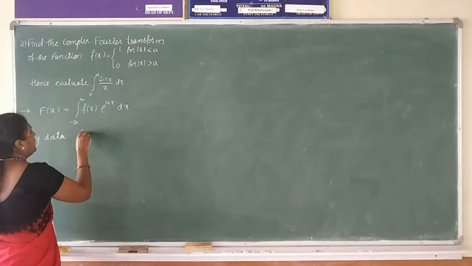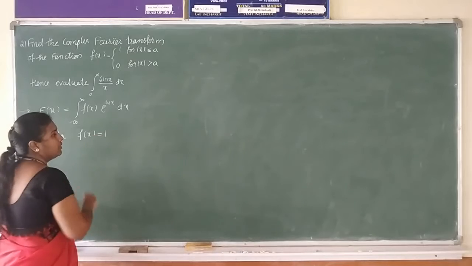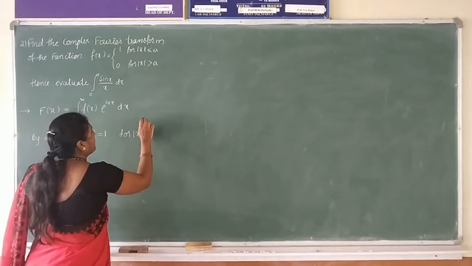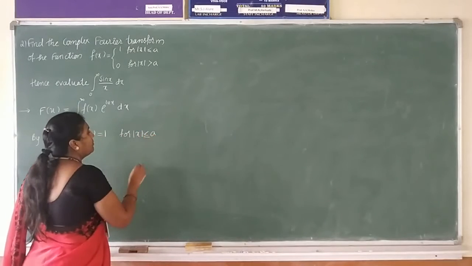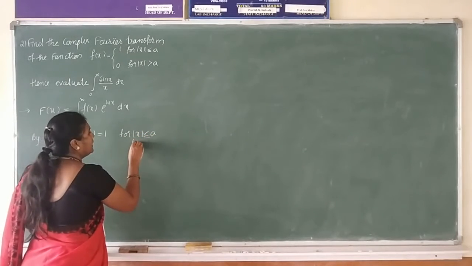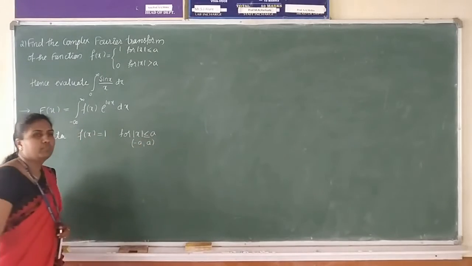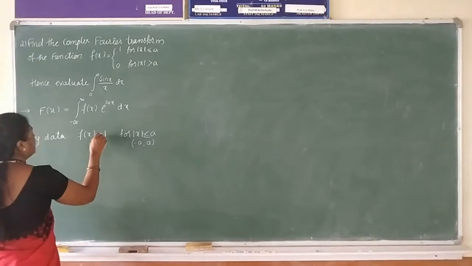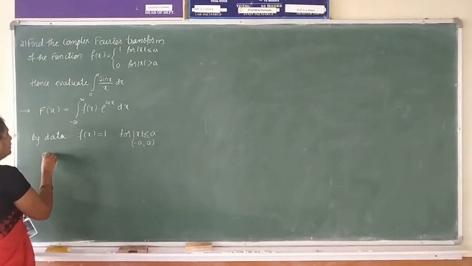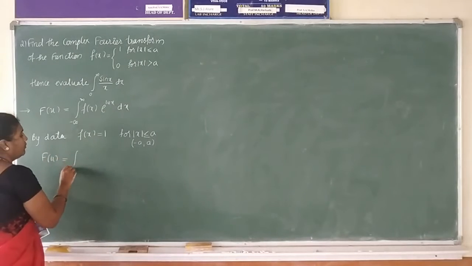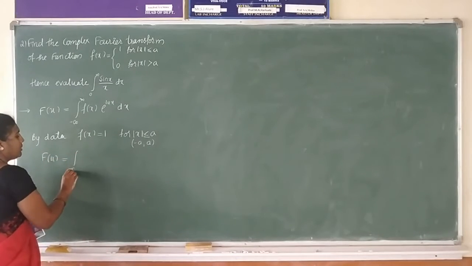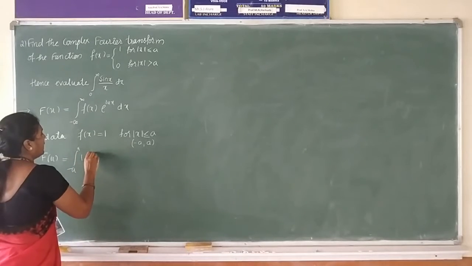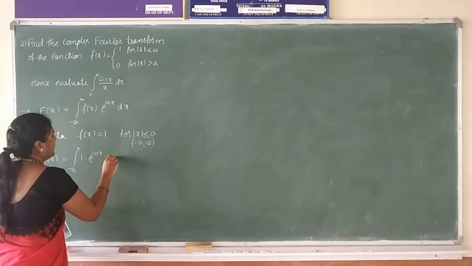By data, f of x equals 1 for mod x less than or equal to a, which means x is defined in the interval minus a to a. Therefore, we take the function as 1 for our Fourier transform. Here the limits are minus a to a, 1 into e to the power iux into dx.